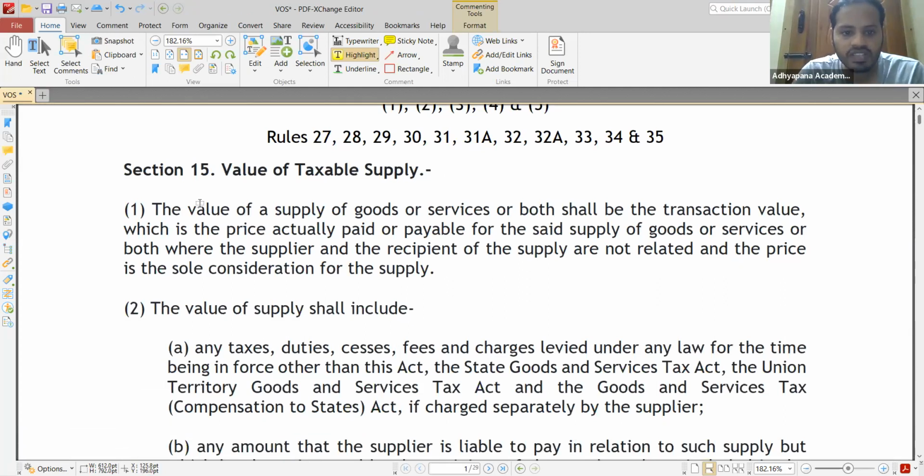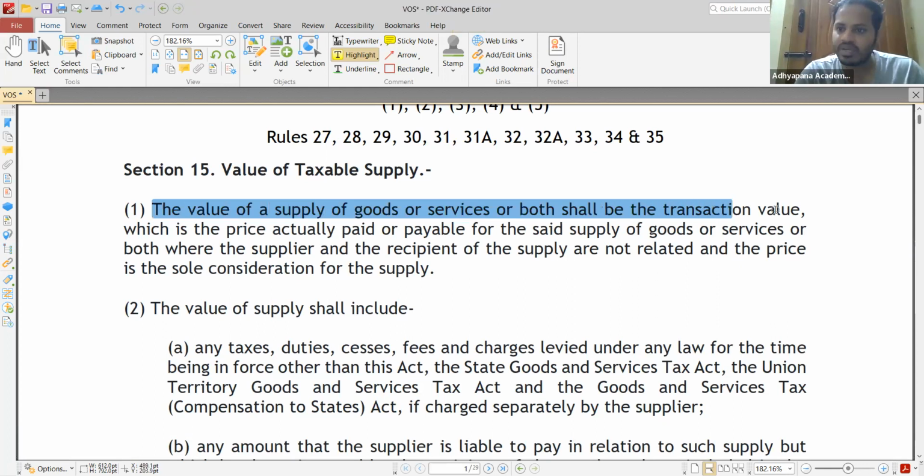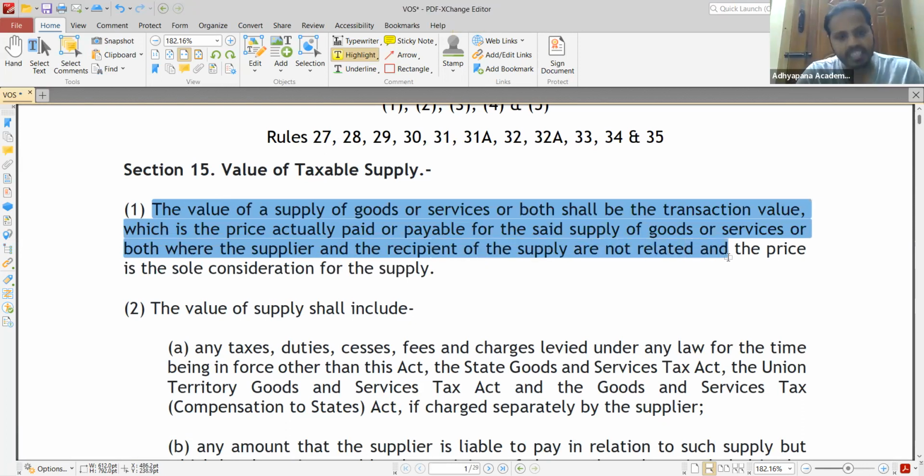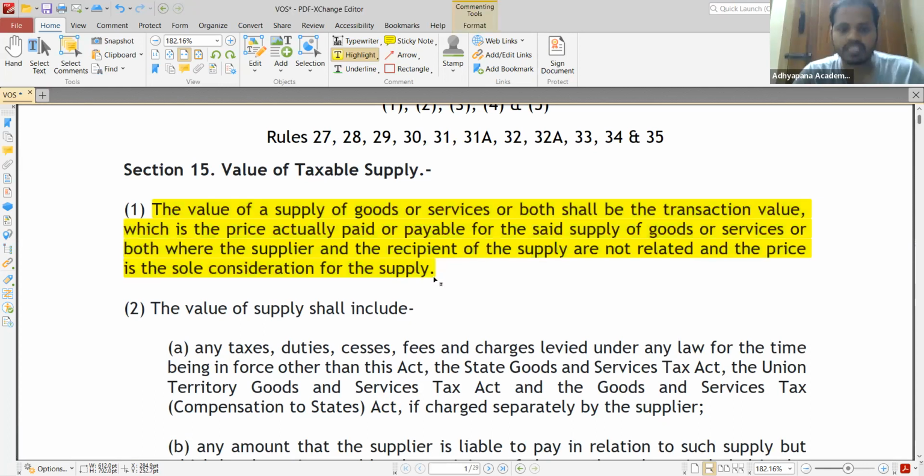See, the value of supply of goods or services or both shall be the transaction value, which is the price actually paid or payable for the supply of goods or services or both, where the supplier and the recipient of the supply are not related, and the price is the sole consideration.